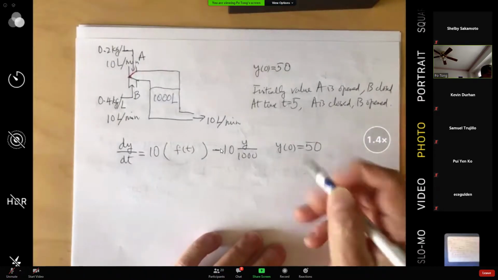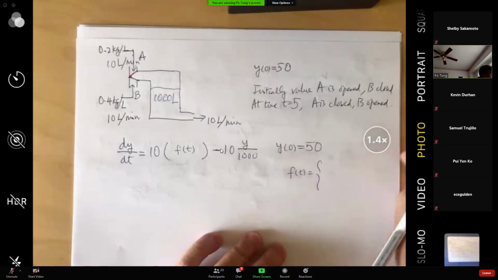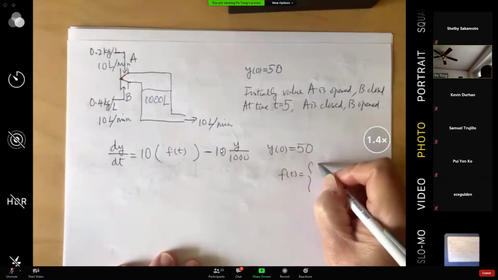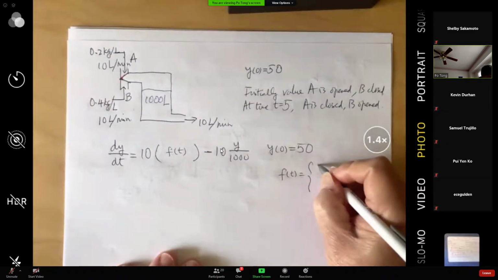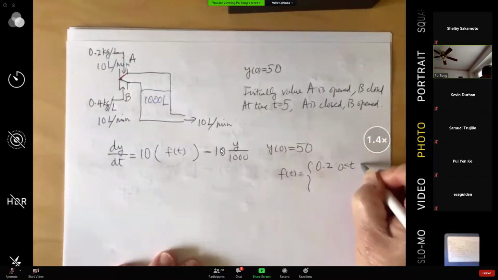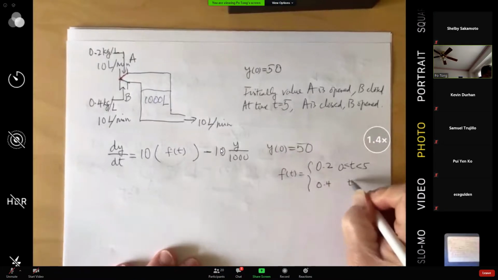That function of time is going to be, at the beginning, 0.2, and then later on is 0.4.